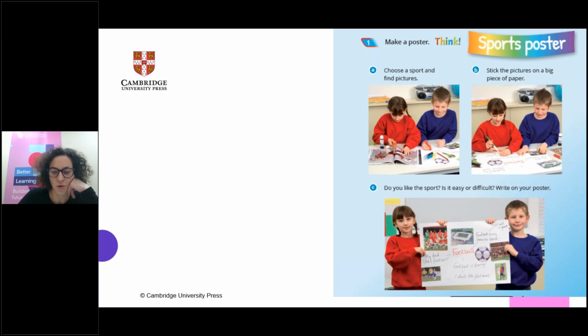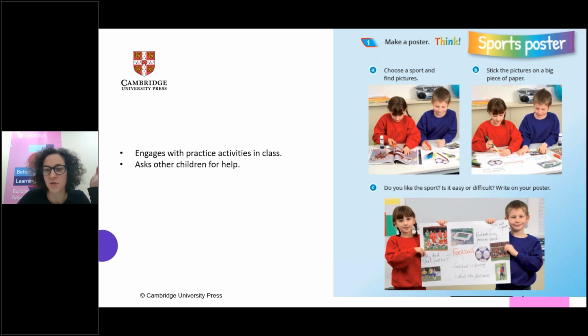Now, taking control of their own learning. Engages with practice activities in the class. Asks other children for help. Yeah, the easiest one, can you give me a pencil, please? And this is something we need to teach our students at the very beginning.